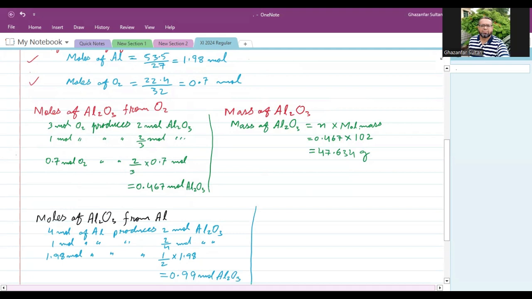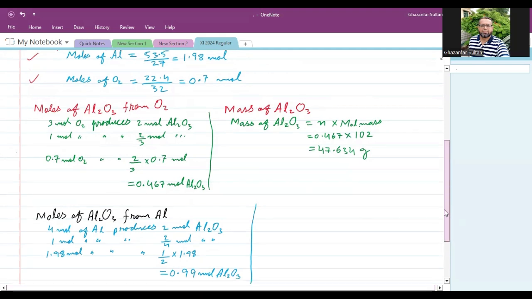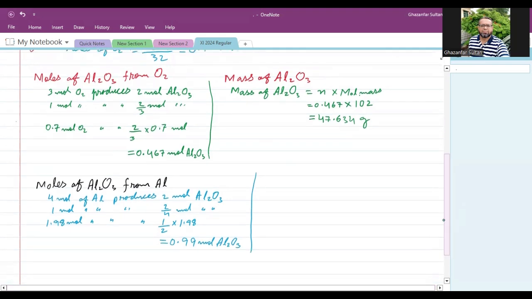Now see, from the moles, it is very clear that as oxygen is producing a smaller number of moles of aluminum oxide as compared to the number of moles produced by aluminum, oxygen would be the limiting reactant.